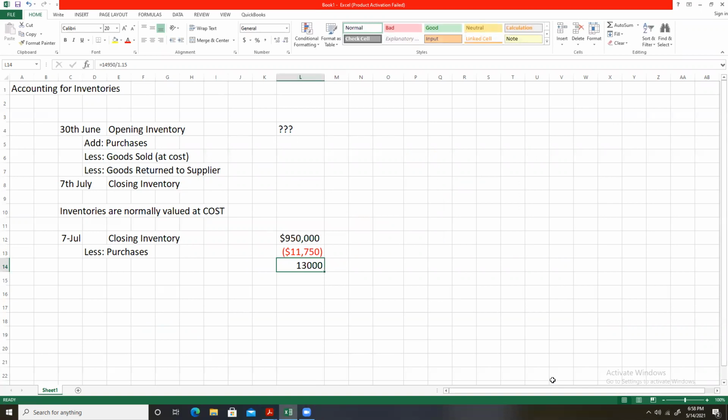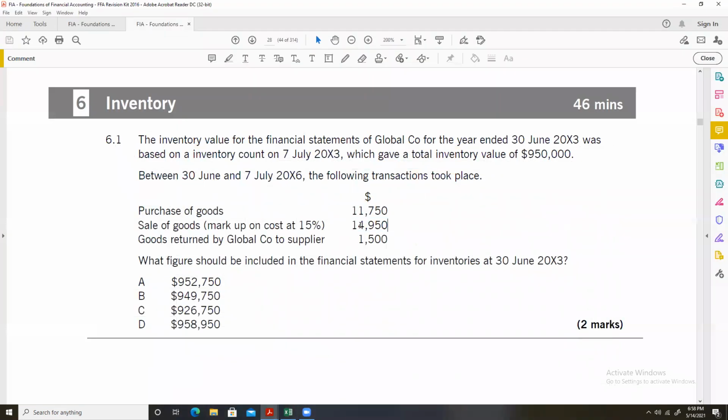So it will become how much? 13,000. Now, goods costing 13,000 actually went out of the stock during this period.